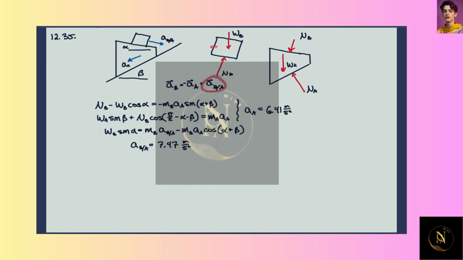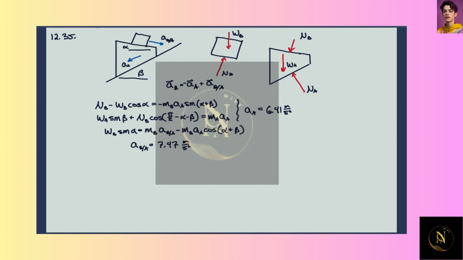And then for the component of the acceleration, if you do a little sketch and draw some of the angles, you'll see that the angle is alpha plus beta, so we can use cosine of alpha plus beta as the component, with the minus sign, of this vector along this axis here. So this gives us another equation where we can solve for the acceleration of B with respect to A.